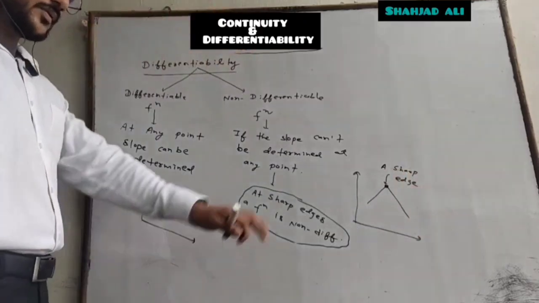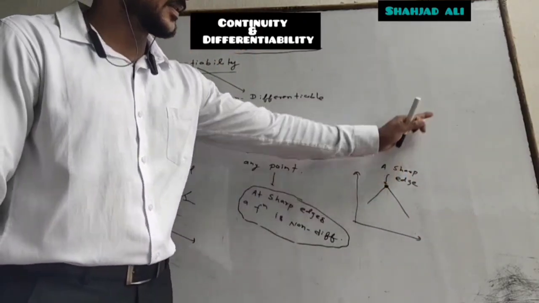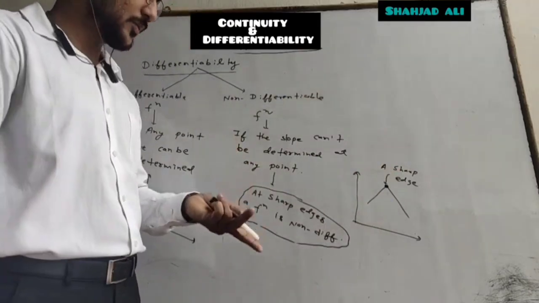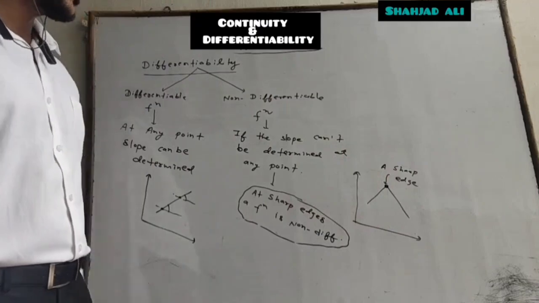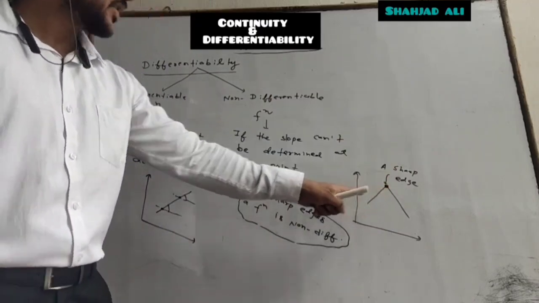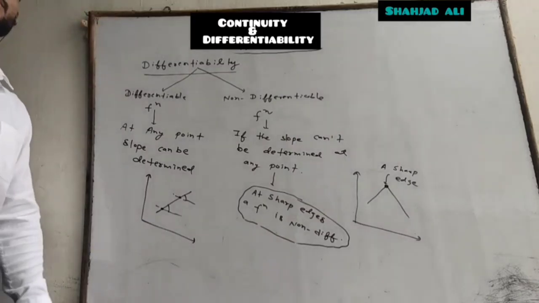For this point it is not possible to calculate the slope, because there are two tangents or two slopes. So at this edge you cannot calculate the slope. This is the sharp edge, and here the function will be non-differentiable. At all sharp edges any function will become non-differentiable.